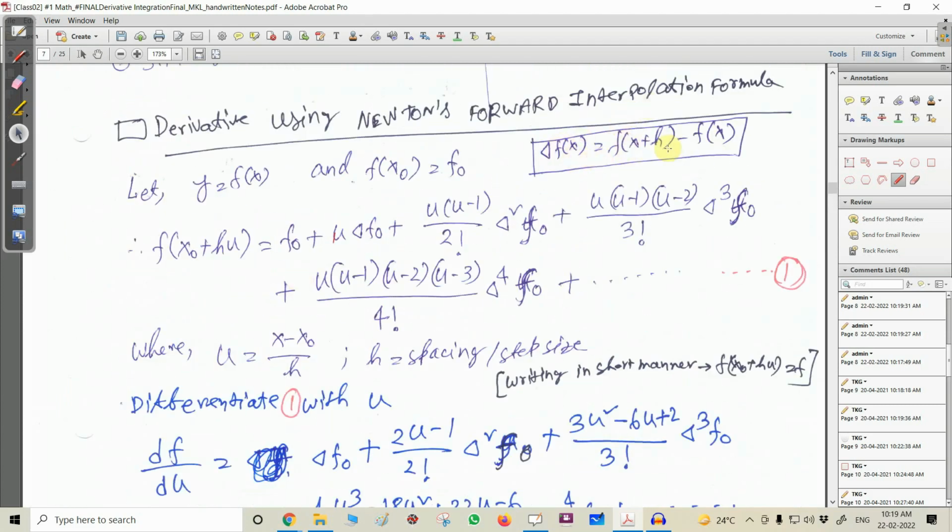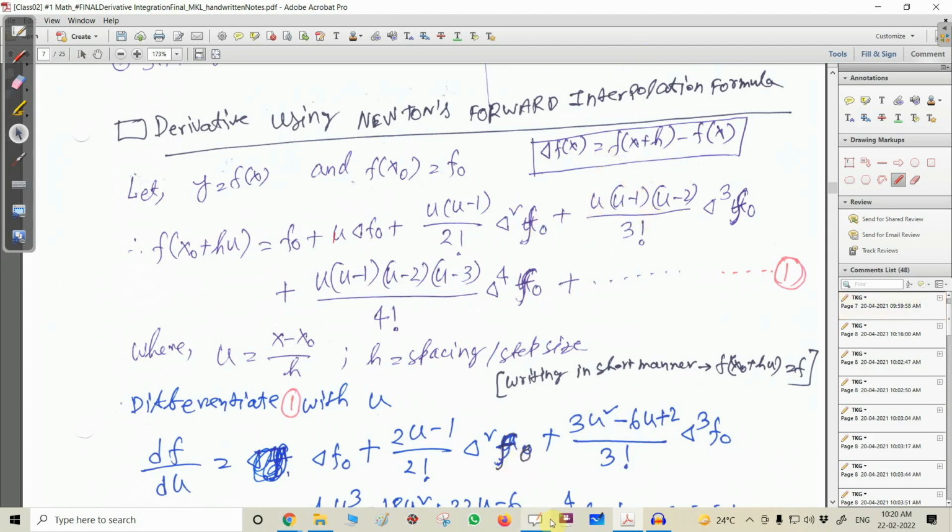Del fx means f(x plus h) minus f(x). If I simplify this, then you can write f2 minus f1 and f3 minus f2. That means you subtract the earlier one from the later one. Okay, how to do it, let me show you.